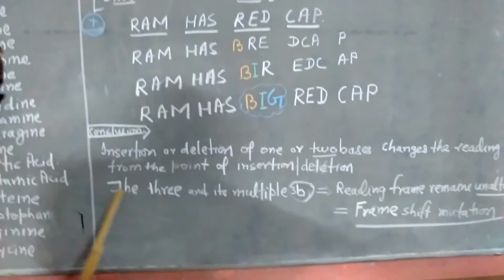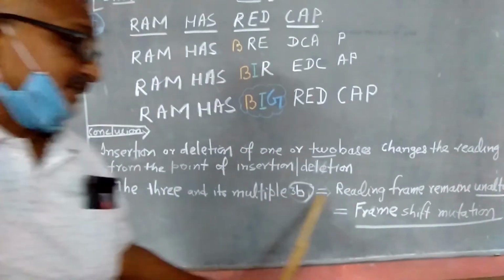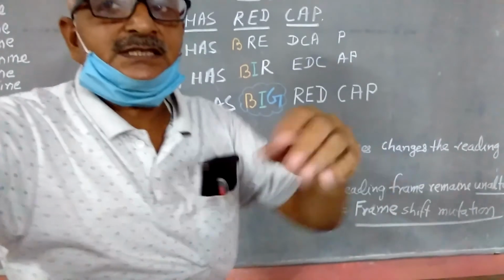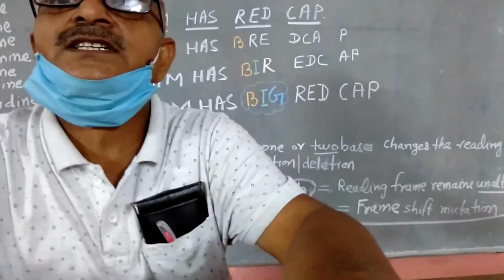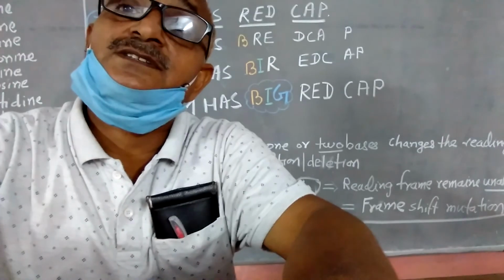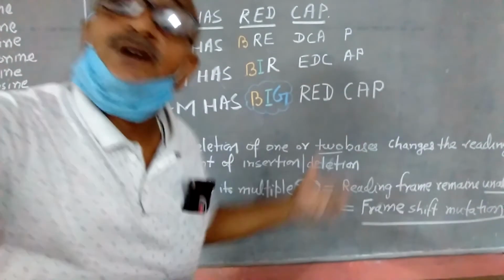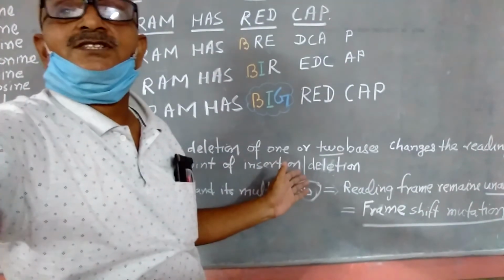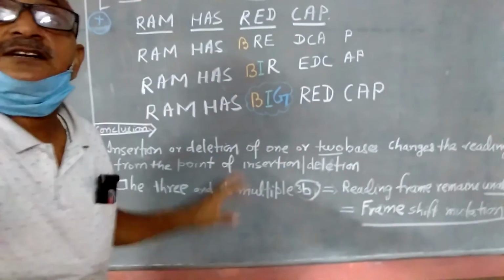And if 3 bases or their multiples are added, suppose a big word is added and the rest remains the same, such a mutation is advantageous and brings about evolution. Perhaps the monkey has evolved into human beings by this type of mutation. So I think you easily got this point.